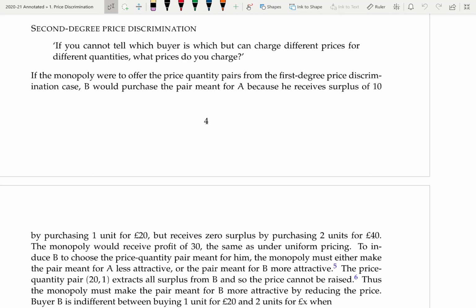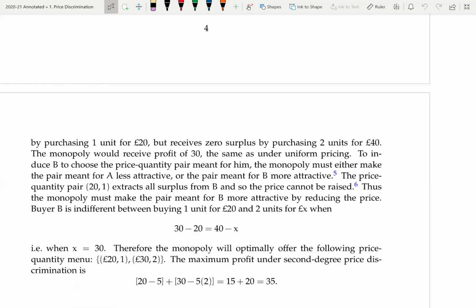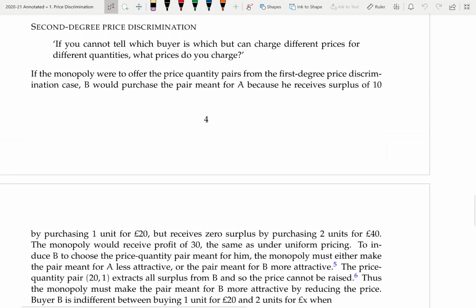Just as we did in the case of first degree price discrimination, instead of thinking about the question we're actually asked, we'll think about what the monopoly should offer in terms of price quantity pairs. Because there are 2 types of consumers, we only need 2 price quantity pairs. So let's look at how we construct these price quantity pairs.